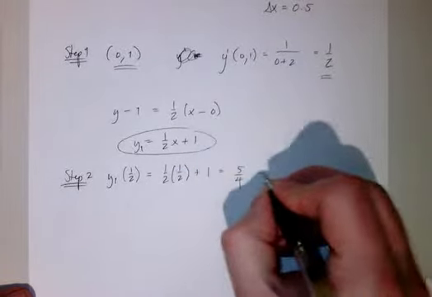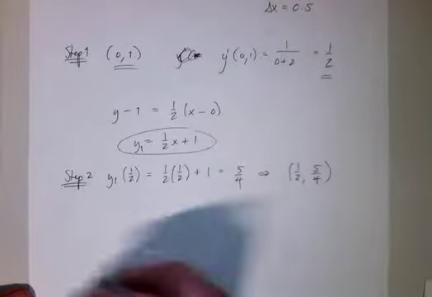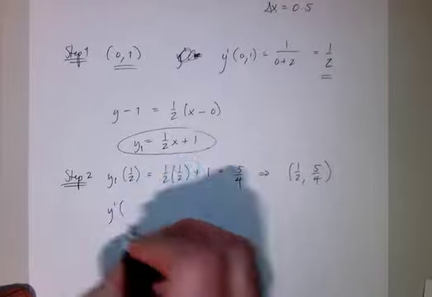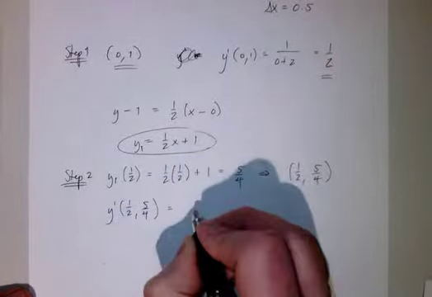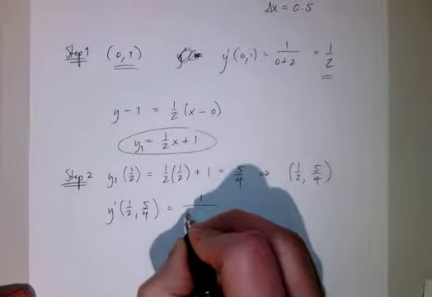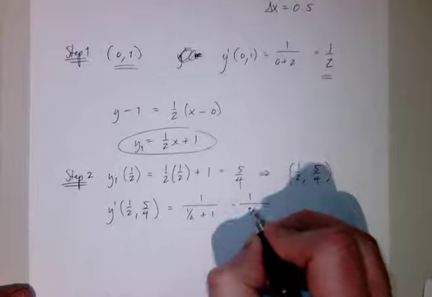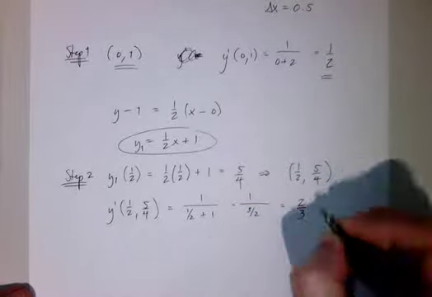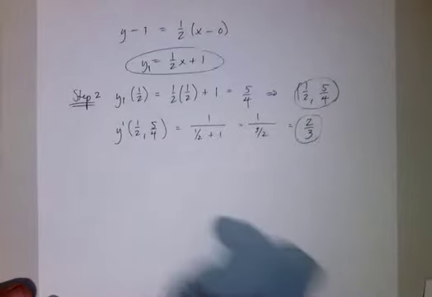Your ordered pair is (1/2, 5/4). Well, y prime at that ordered pair is going to be 1 over 1/2 plus 2, or 1 over 5/2, or 2/5.